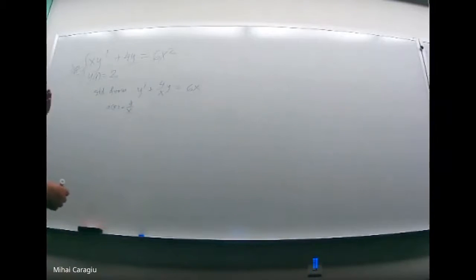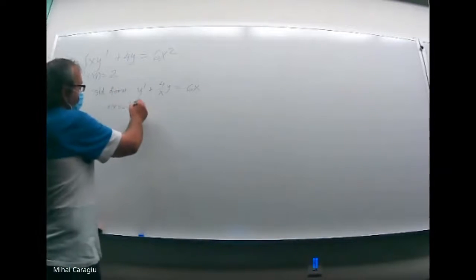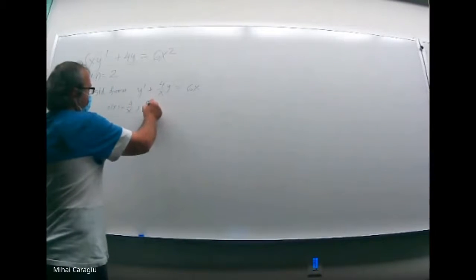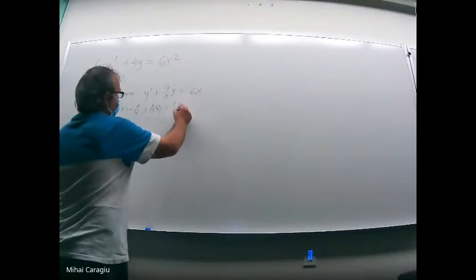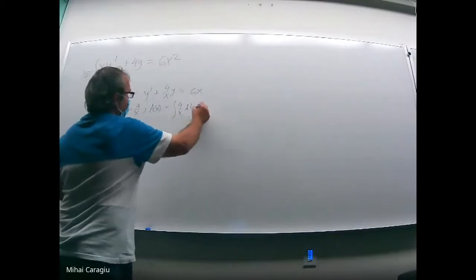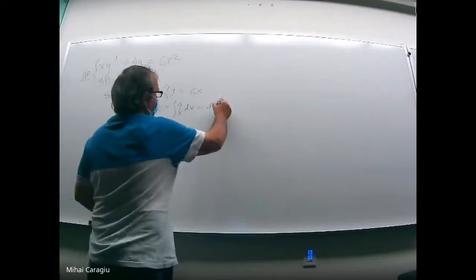Then there's a standard trajectory from small a of x to capital A of x, which will be the antiderivative. Big A of x equals the integral of 4 over x dx, and this will be 4 logarithm of x.